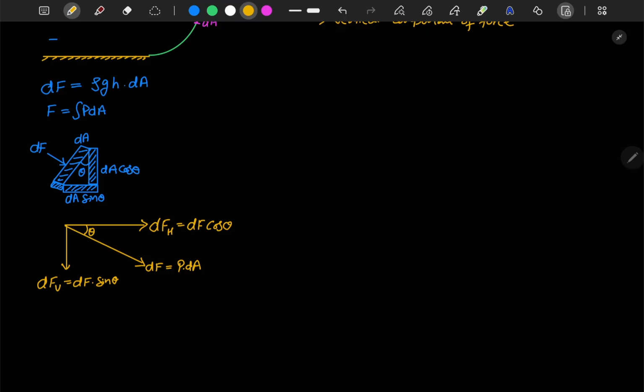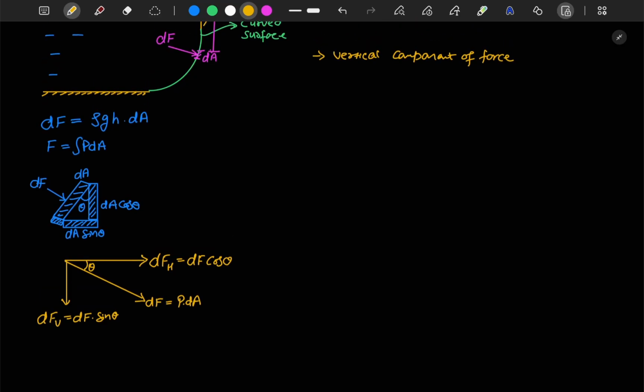I hope you are clear up to this point. So if I talk about your horizontal force, I can write that dFh is equal to dF cos theta, as I have written here.